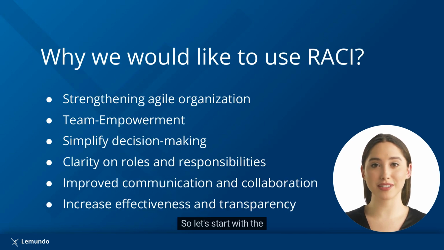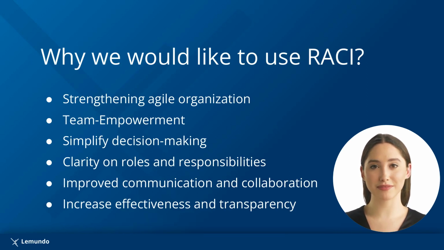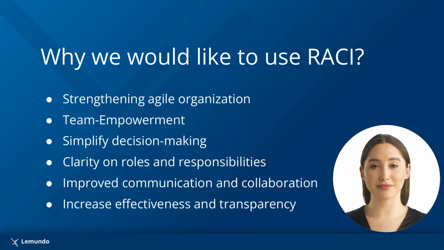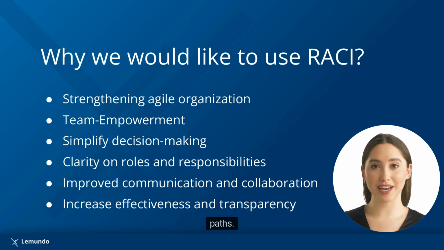So let's start with the why we would like to use RACI. As you all know, growing stronger as an agile organization is a strategic goal of Lemundo. The agility of our organization is based on the empowerment of each team member and the empowerment of the whole team. We believe in distributed responsibilities, which requires transparency about responsibilities and decision-making paths.